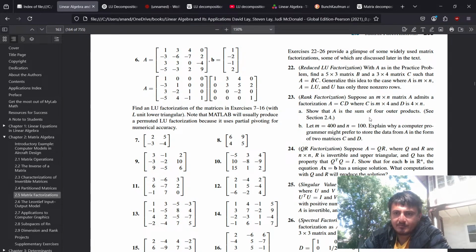Show that A is the sum of four outer products if it can be written in this way. Oh yeah, so if it's low rank, you can do it because 1600 plus 400 is 2000, but wait, what? 400 by 4.